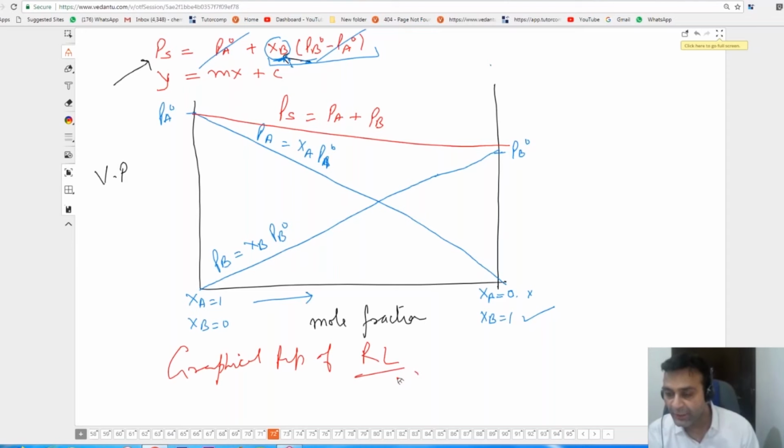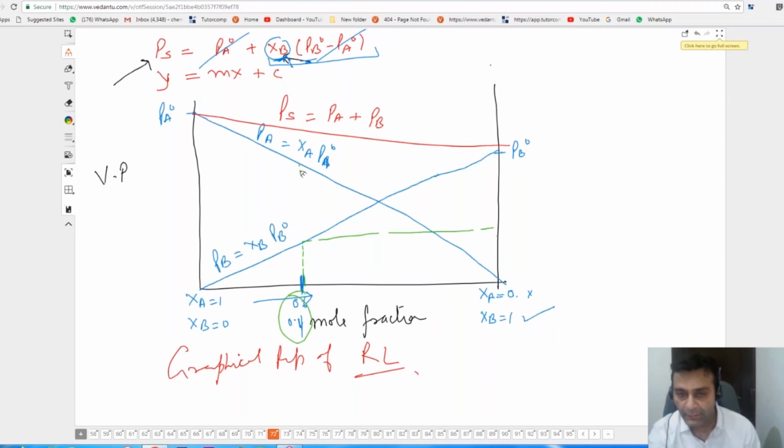What does the joining of the lines indicate? Joining the lines means which line? Blue line or red line? Blue or red? Red. Okay. So if you join these A and B points, mathematically only, let it be at this concentration, let it be equal to 0.6 of A and 0.4 of B. If I extend this here, this is the PB, it means I can get the value of the PB here, pressure of B at this concentration.